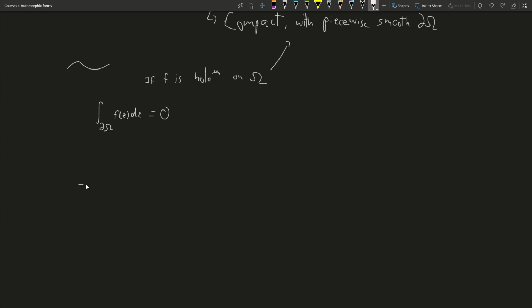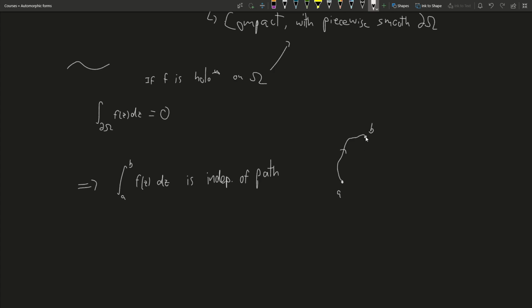So, for example, this implies that the integral from some point A to some point B of f of z dz is independent of path, provided that you vary the path within omega in which f is holomorphic. And the proof of this is quite easy. So you've got some point A, you've got some point B, and you pick whatever random path, and you integrate along this path.